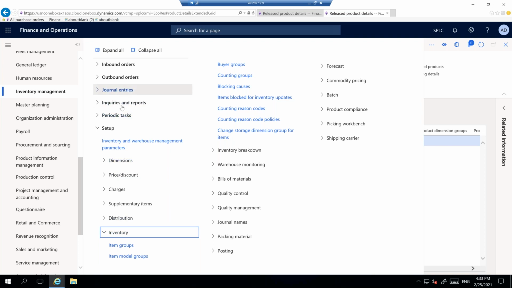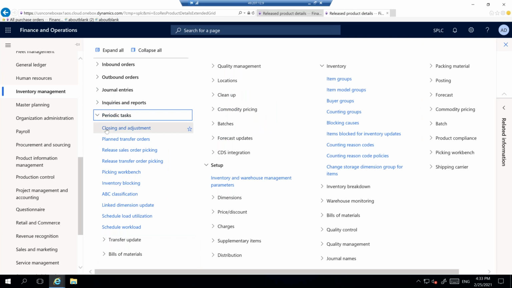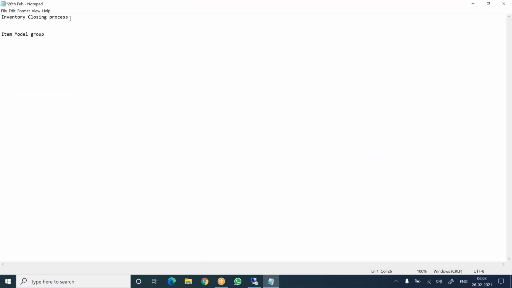And in the same manner, we have periodic tasks, closing and adjustment. So inventory closing means in our system, closing and adjustment process.